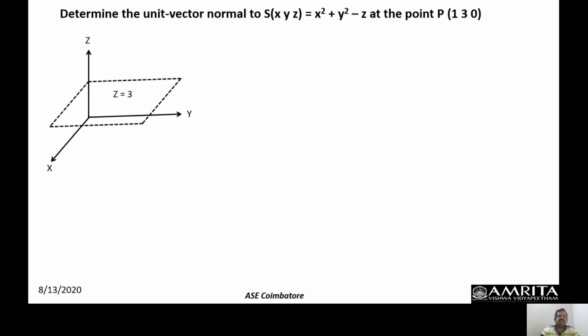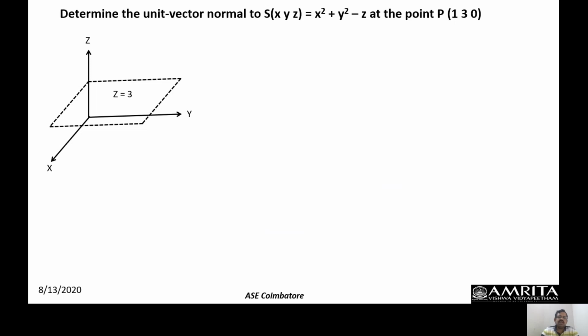This we can easily see because this plane is parallel to xy. Based on the equation of a plane, z equal to 3 represents a plane parallel to xy. If x equal to 3, then it is parallel to yz. If y equal to 4, then that plane is parallel to xz.